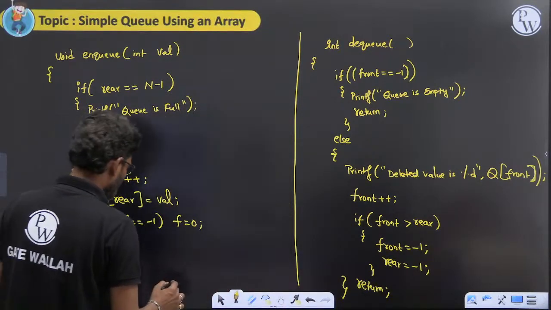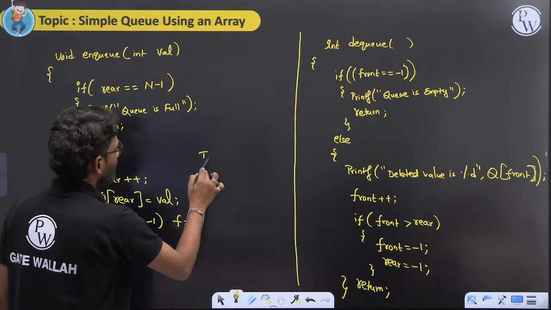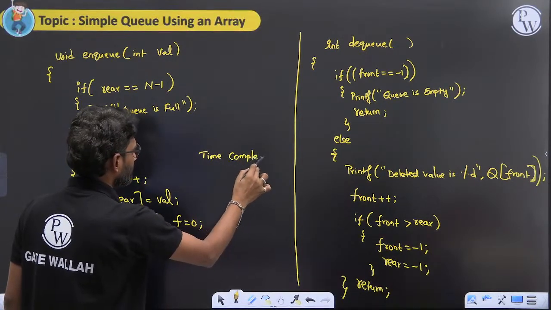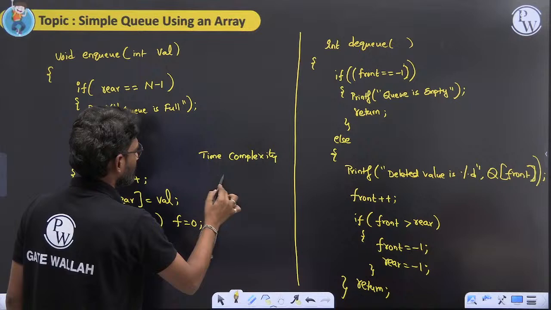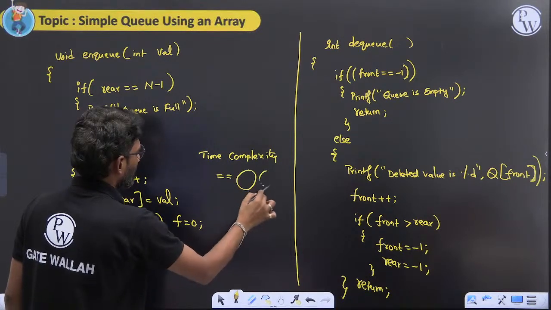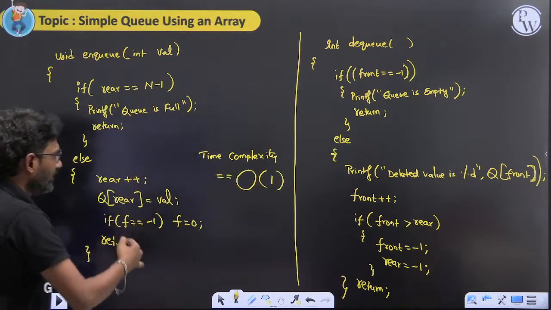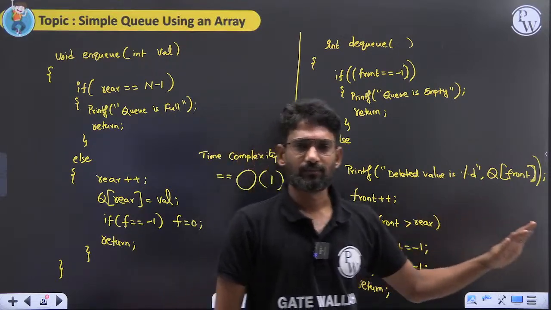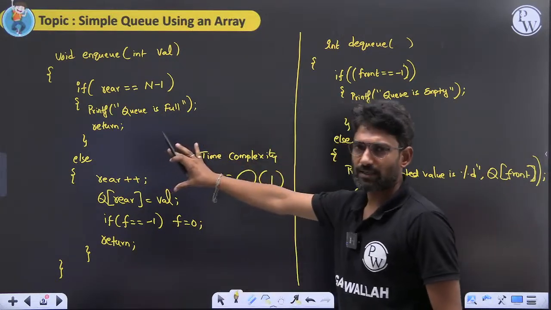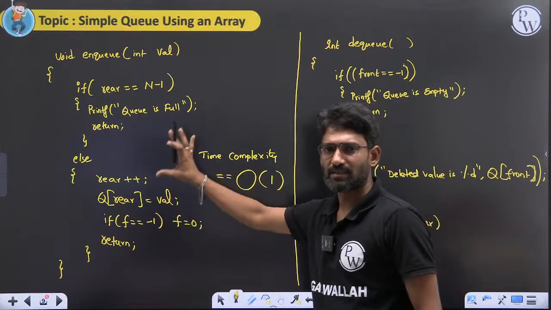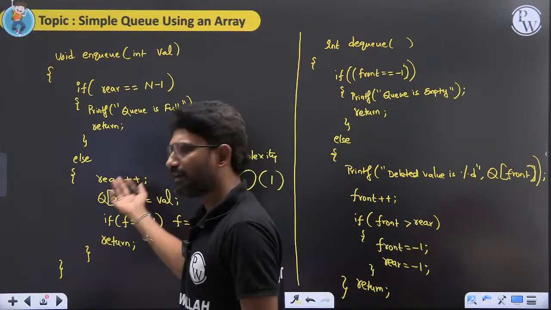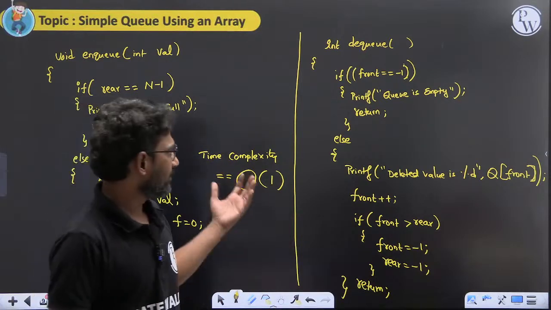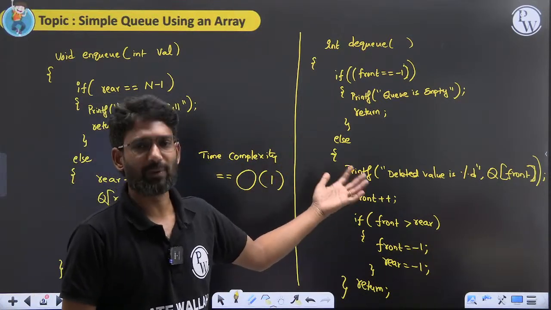For both enqueue and dequeue operations, what is the time complexity? I have not written any iteration or recursive call. It is simply conditional statements, input output statements, or increment statements. So nothing I have written gets repeated.